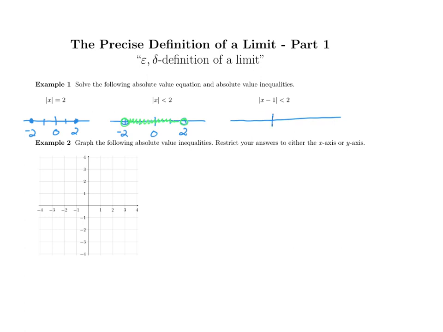So it's not at 0, it's actually at positive 1. And the reason is 1 makes the inside part equal 0. So here we're a distance of 2 from 1. So we can go up to 3, and we can go down to negative 1. So here the answer is everything between negative 1 and positive 3. And that means we're a distance of 2 from 1.